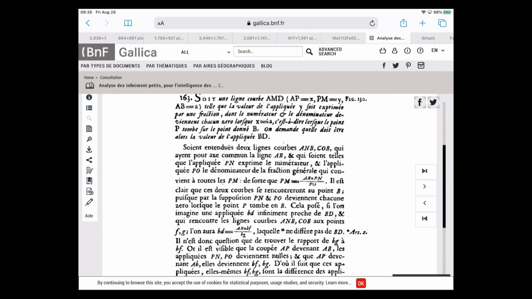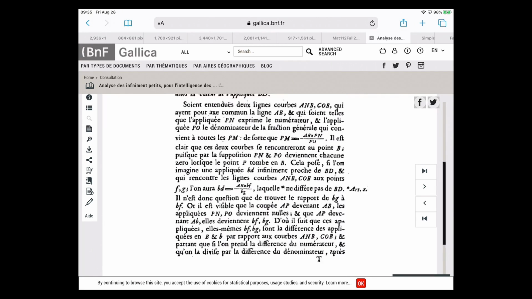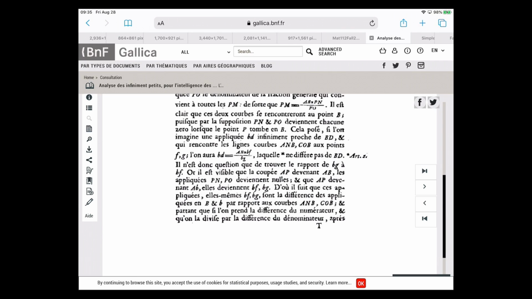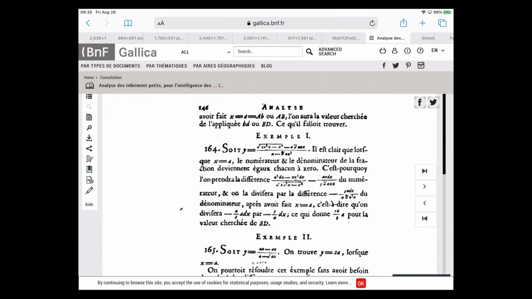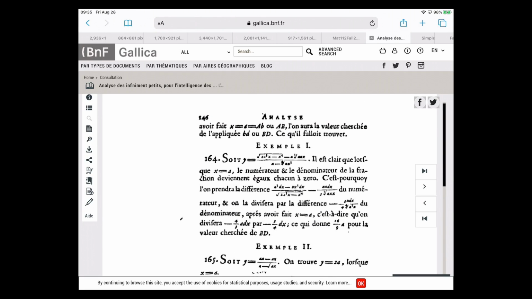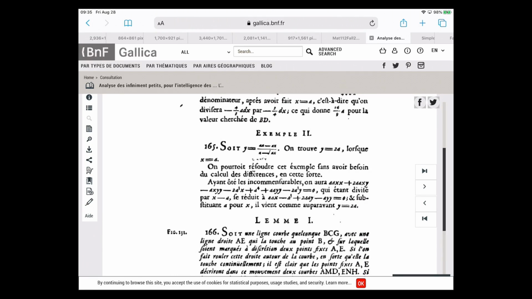So he goes through an abstract proof here, but let's go to the next page because that's where he has two examples. We're actually going to look at the second example first because it's slightly simpler. "Soit y égale aa moins ax over a moins la racine carrée de ax.